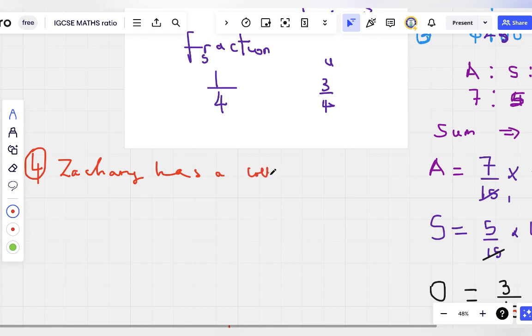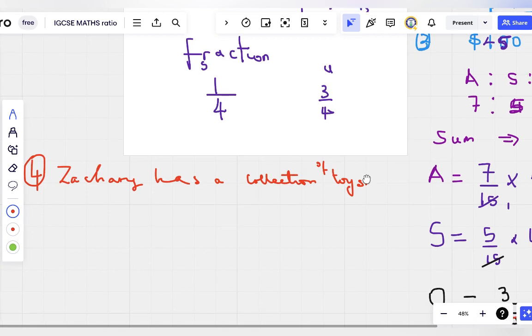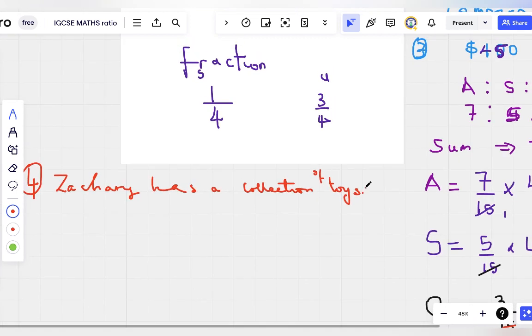Okay, we should just go to the mathematical part of the question, not the English part. He has a collection of toy cars. Okay, they're actually toy cars. He has a lot. Maybe he likes to play with toy cars.